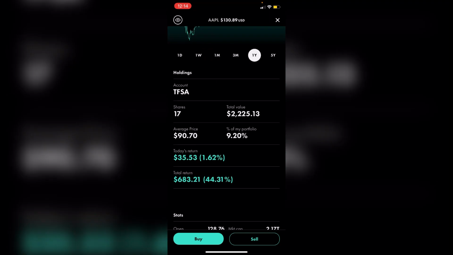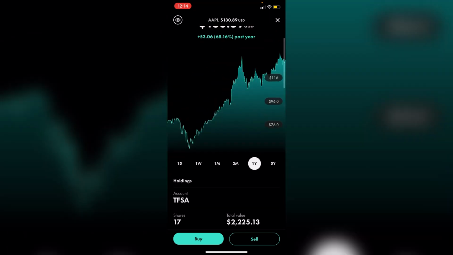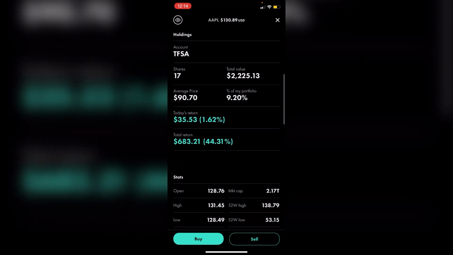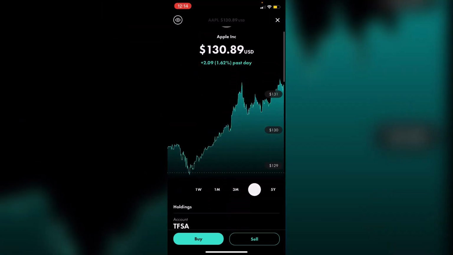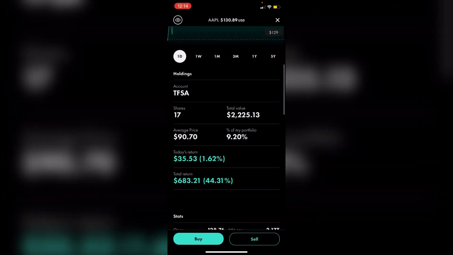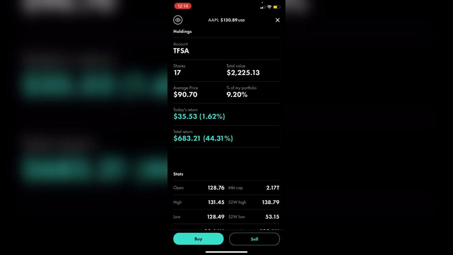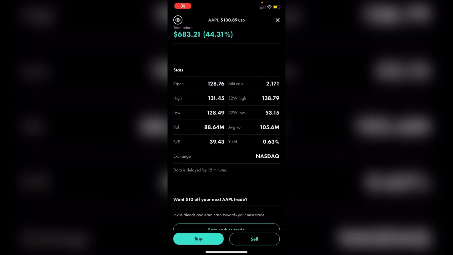Percentage of my portfolio shows it's 9% of the $30,000 I have invested. Today's return shows that I got $35 or 1.62% from how much it made today. And total return is from the day I invested it, so 44%. Very proud of that.